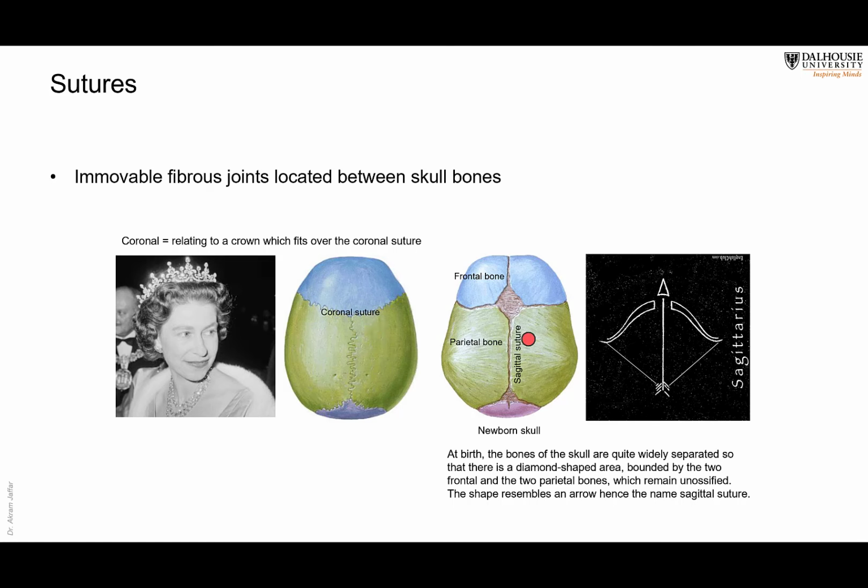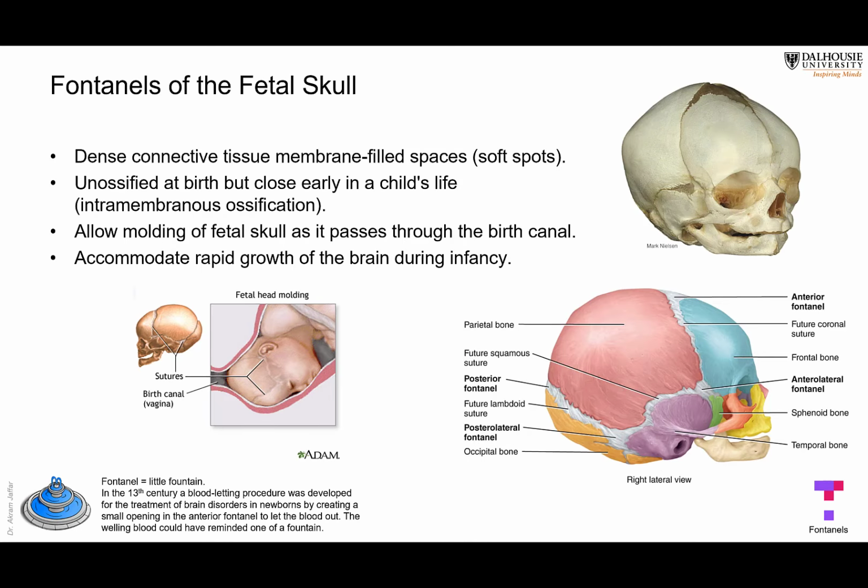But in the fetus and the newborn, the fibrous tissue in between them is wide, especially in these places, anteriorly and posteriorly, and they create what are called the fontanels. You can see this is an actual fetal, a newborn skull. You can see the size of the anterior fontanelle, the space that is covered by fibrous tissue.